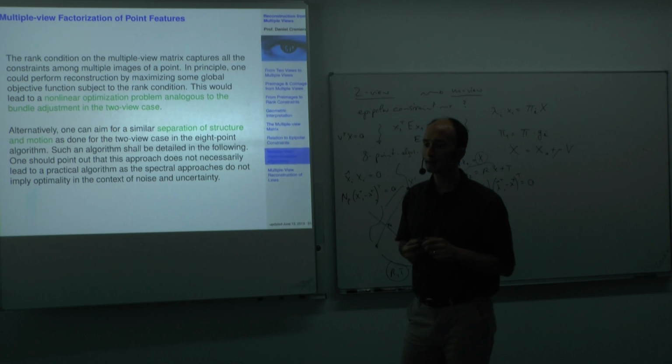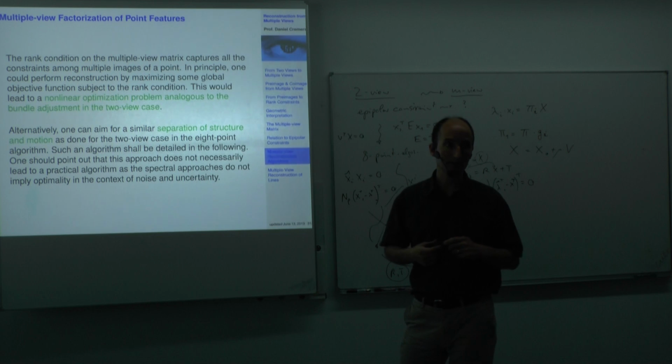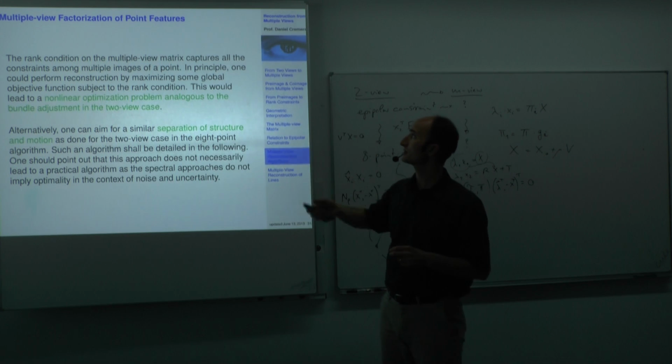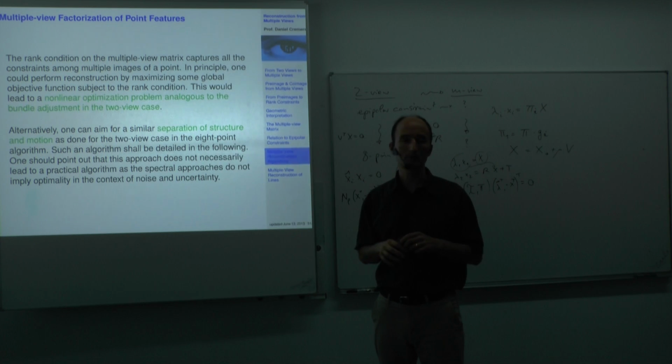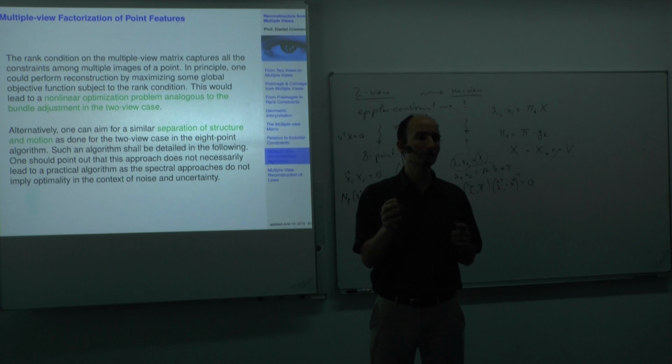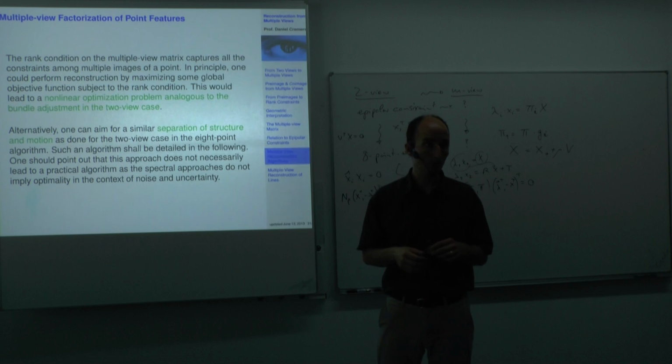So we could do something that we already talked about in the two-view setting that led to what was called the bundle adjustment. We could use the rank constraints for the reconstruction problem. The rank constraints always tell us if there is a consistent reconstruction, and a unique reconstruction up to scaling, if and only if the rank is 1.